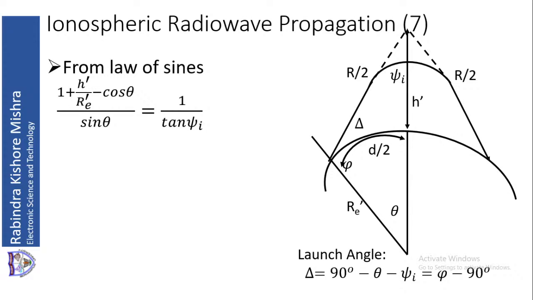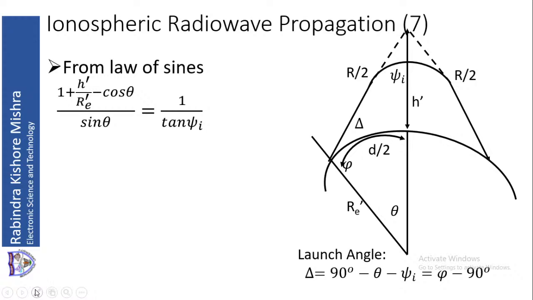From the law of sines you can say that RE divided by sin psi I is equal to H dash plus RE dash into cos theta, which is the part from the center of the earth to the top of the earth, or the surface of the earth in the direction of the virtual height.